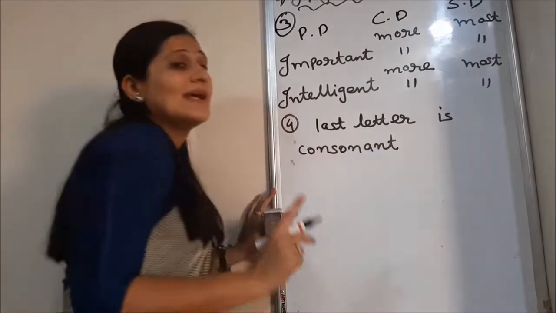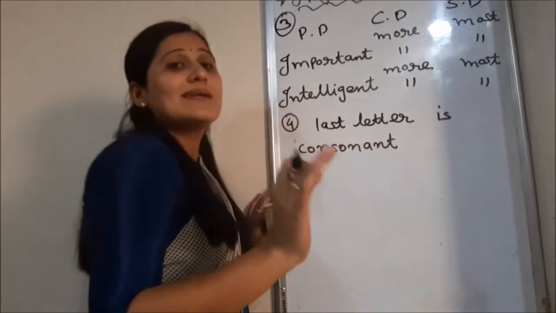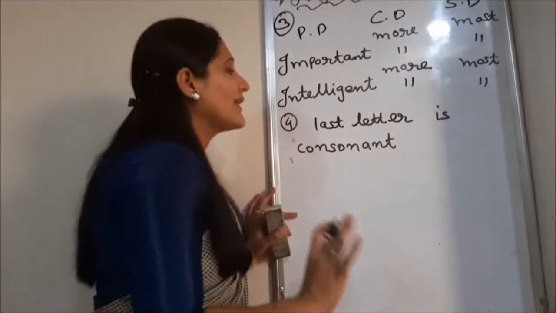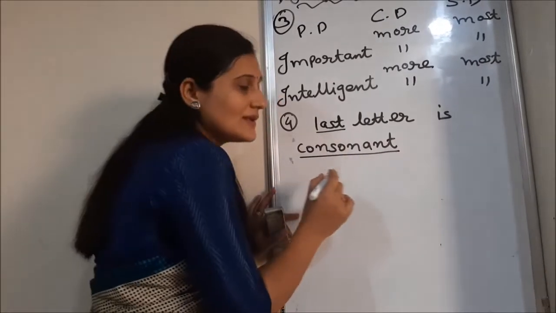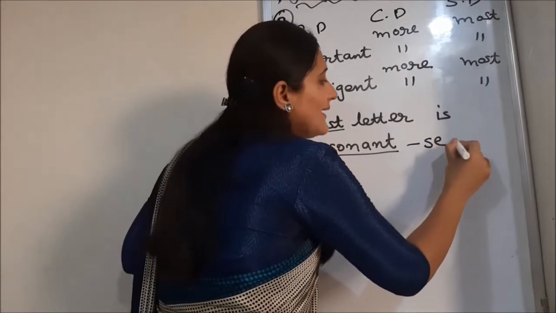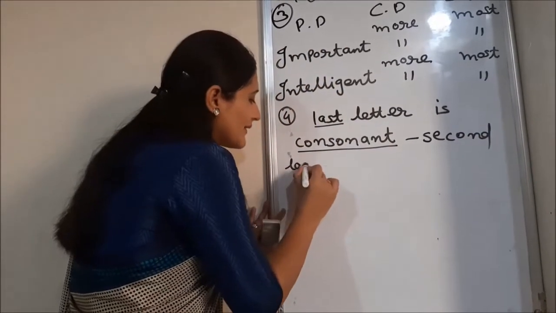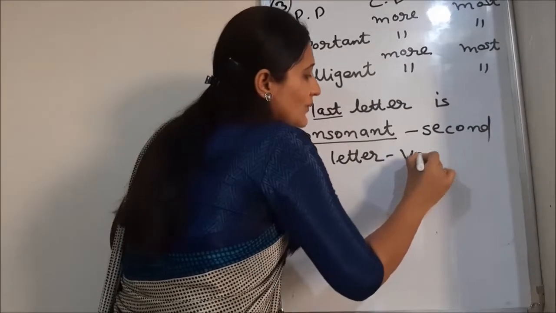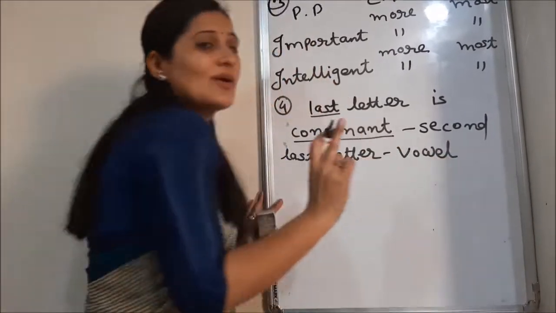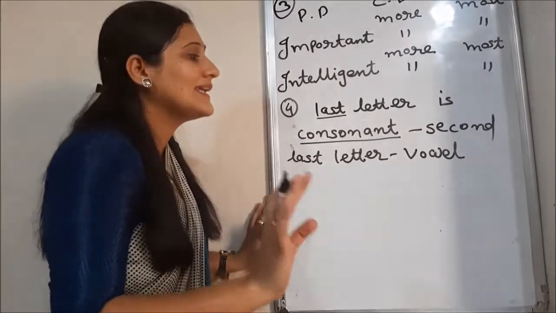If you read by paying attention, definitely you will not have any problem. If the last letter is a consonant and the second last letter is a vowel, here you need to remember: vowel, consonant, last is E, last is Y, nothing else.